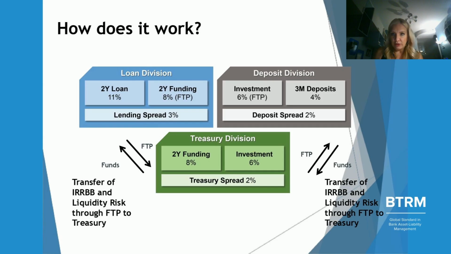Here we are talking about FTP allocated at the transactional level. Only when we have some cohorts of products with similar characteristics, we are not FTPing every single transaction with one FTP, but we have for the whole cohort one FTP. This is for overdrafts, for NMDs.